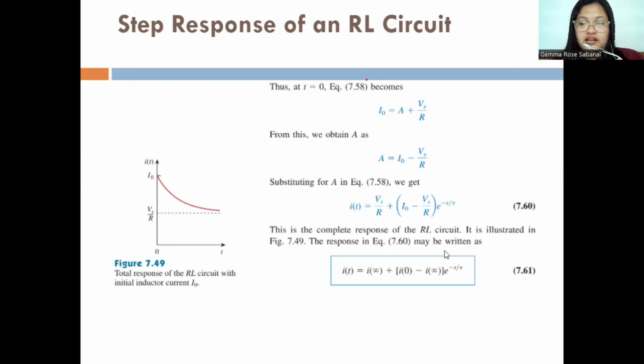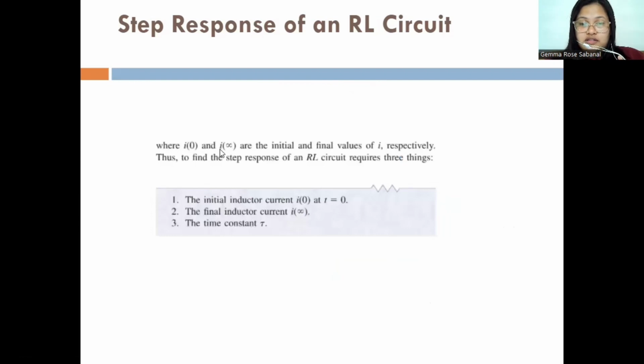It is illustrated in figure 7.49, the total response of an RL circuit with the initial inductor current I0, and it may be written as this equation, where I0 and I infinity are the initial and the final values of i, respectively. Thus, finding the step response of an RL circuit requires three things: first, the initial inductor current; second, the final inductor current; and third, the time constant.